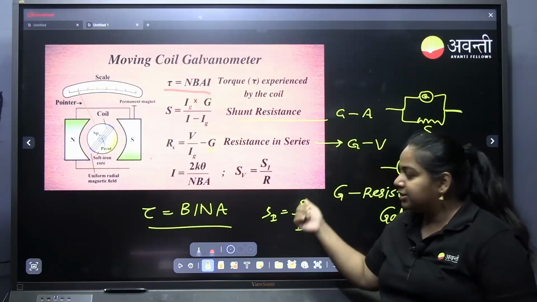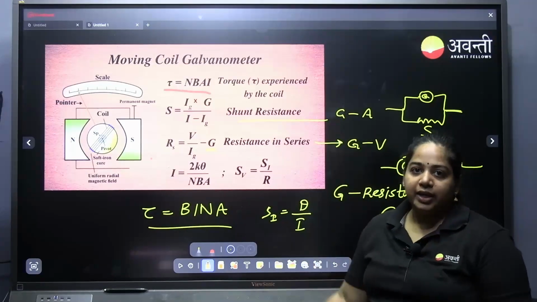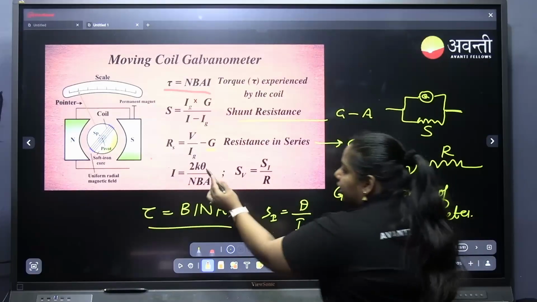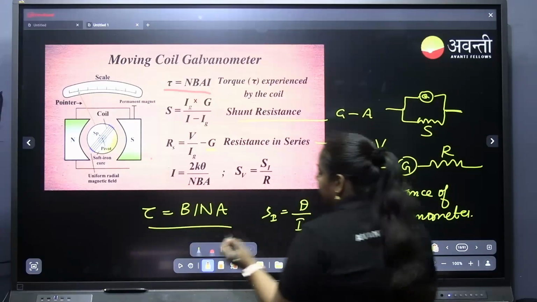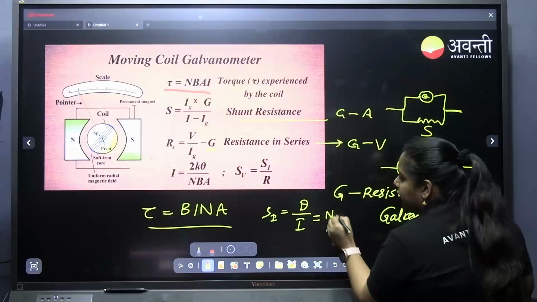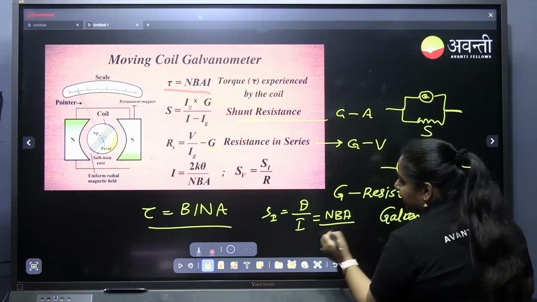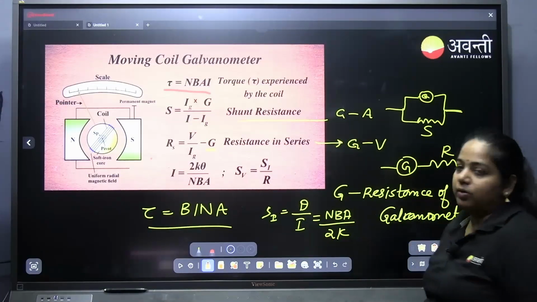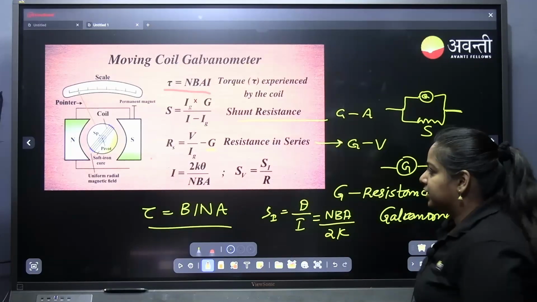So number of divisions divided by total current, you will get current sensitivity. And if you find theta by I, what you will get? Theta by I equal to NBA by 2K. So this is current sensitivity.